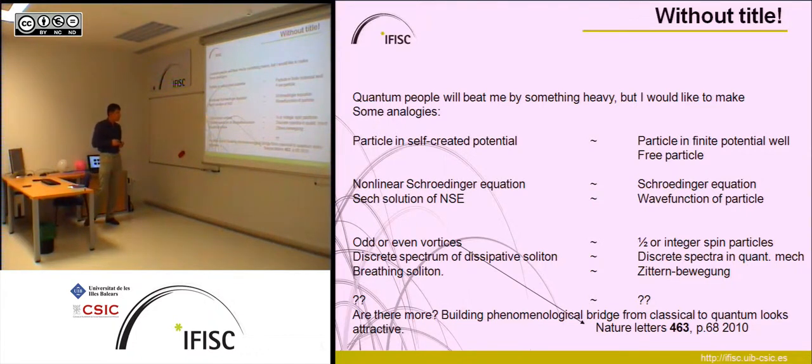Okay. So now I would like to say a couple of words about odd or even vortices. I didn't understand. Was the statement that the free particle in quantum mechanics is better described by the nonlinear Schrödinger equation than by the Schrödinger equation? The particle, in my opinion, is better described by the nonlinear Schrödinger equation than by the Schrödinger equation. A quantum free particle? Sorry, I'm not competent. The Schrödinger equation is time derivative equal i second derivative of space plus potential. And if you remove the external potential, you have just time derivative equal i second spatial derivative.